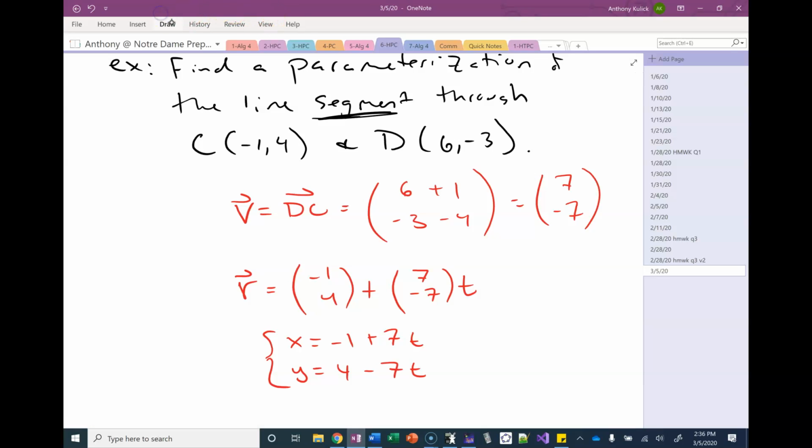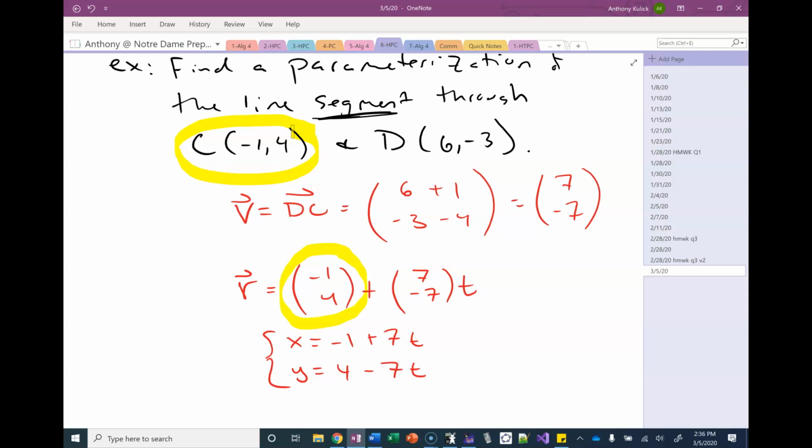So, since our vector line equation is using one of our 2 points, what value of t are we definitely going to need to start or end at? 0, right? If t is equal to 0, I get the point (-1, 4).